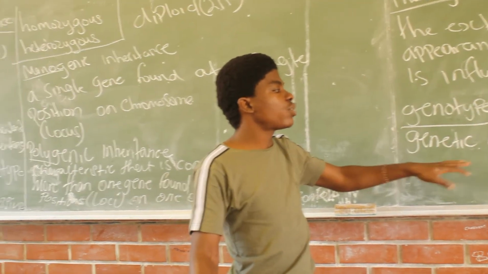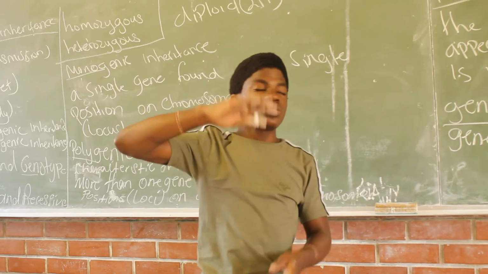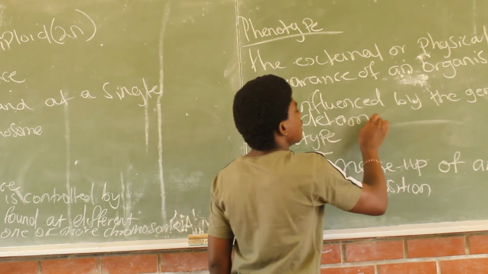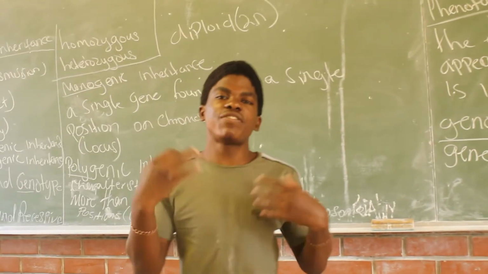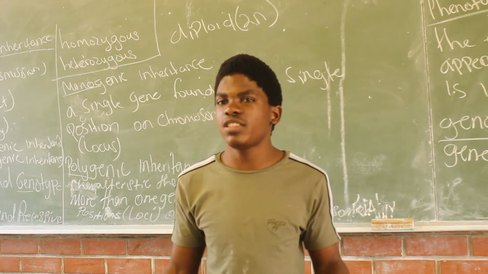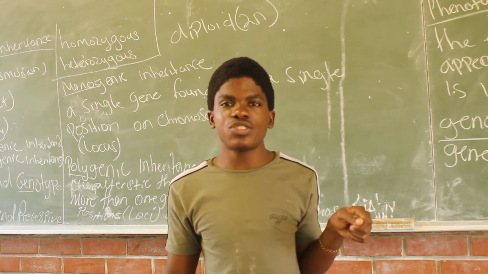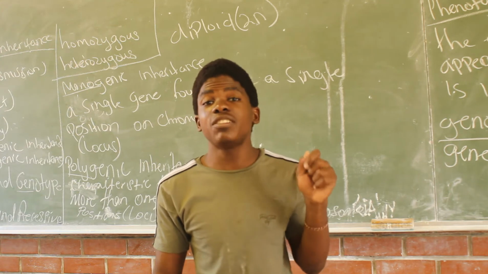So your genetic composition, your genetic makeup, is what determines your phenotype. It's what gives the final verdict. It's like you're in a court and the magistrate has that little hammer, and the magistrate is your genetic makeup, putting on the final verdict.